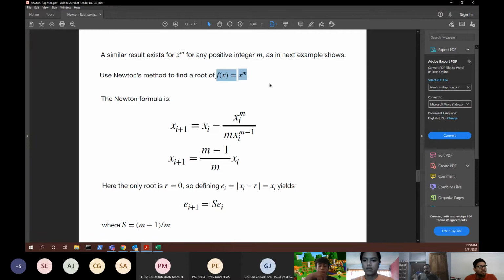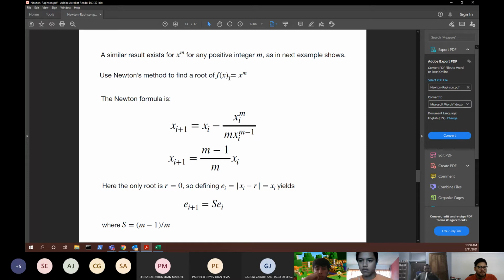Okay, so in general, if we want to make sense of the formula that we saw previously, Newton's formula is going to be x_{i+1} equal to x_i minus the function divided by the derivative of this.